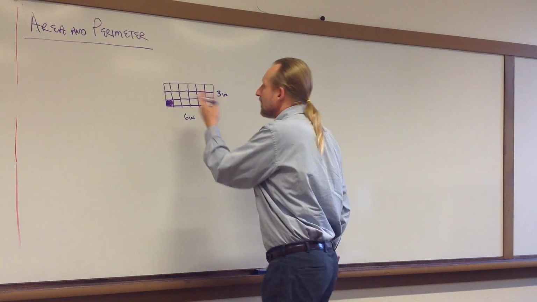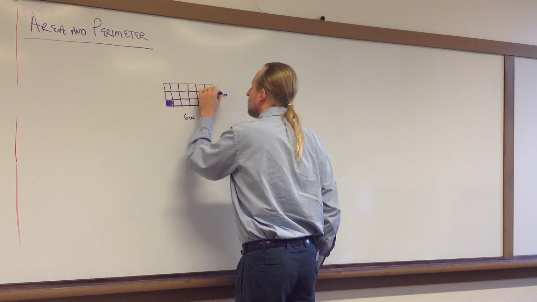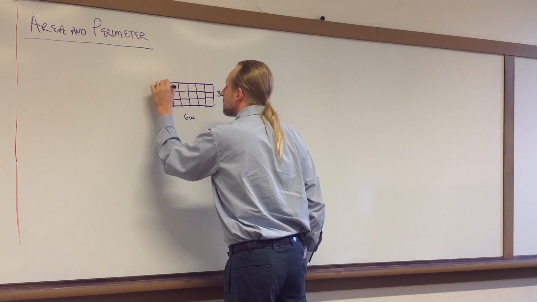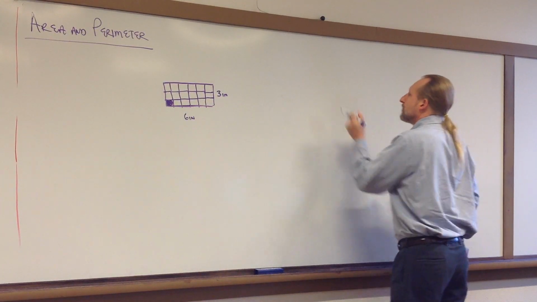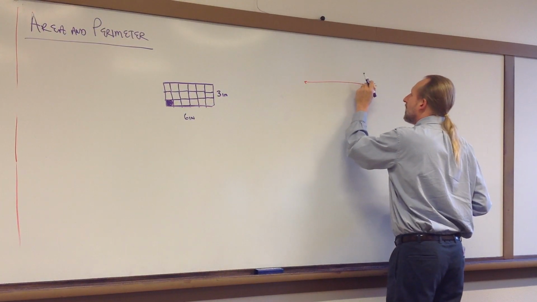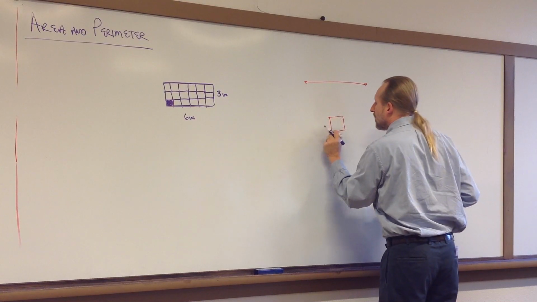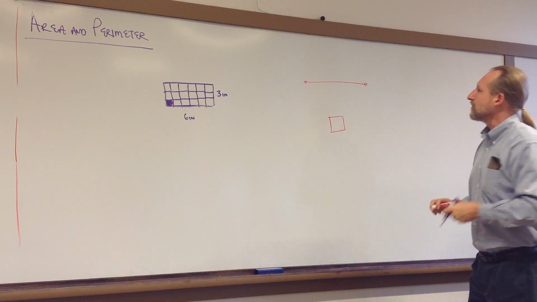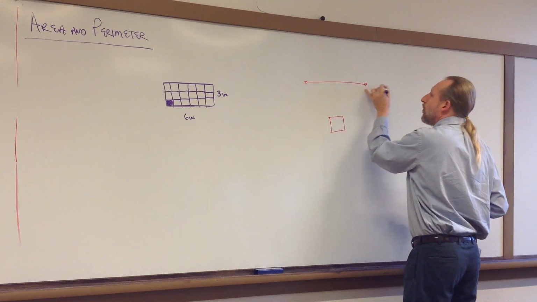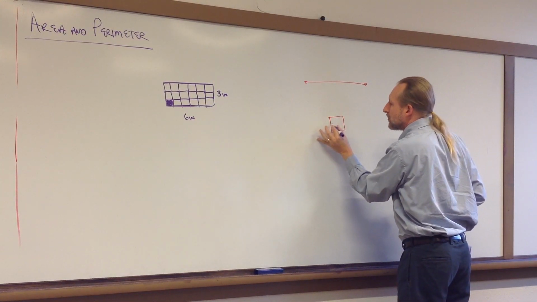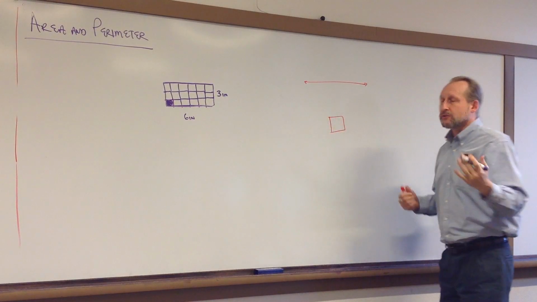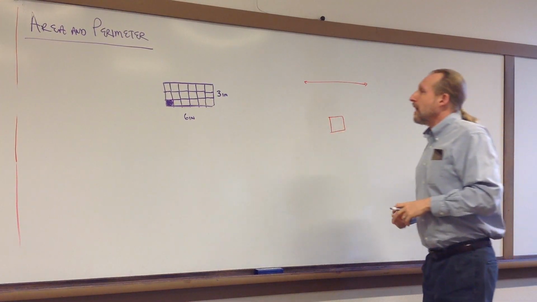Now the perimeter for this rectangle is a linear measurement. Think about the difference between one dimension versus 2 dimensions. A line is one-dimensional, a square is 2-dimensional. On a line you can only go backwards or forwards, whereas in the square you can go backwards and forwards and up and down, so there are 2 dimensions.